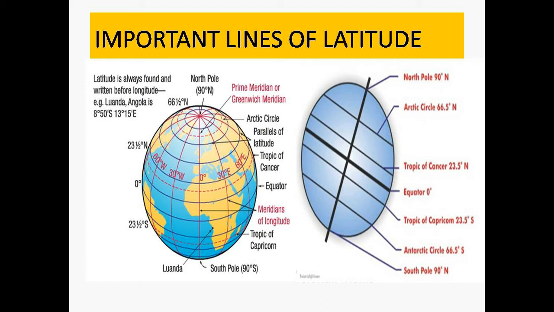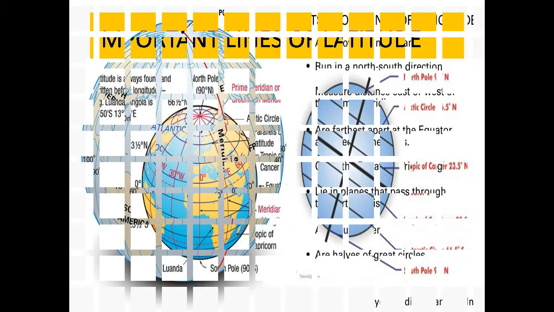Antarctic Circle at 66.5 degree lies to the south of the Tropic of Capricorn. The North Pole is 90 degree north latitude while the South Pole is 90 degree south latitude. They are points and not lines on the earth's surface.